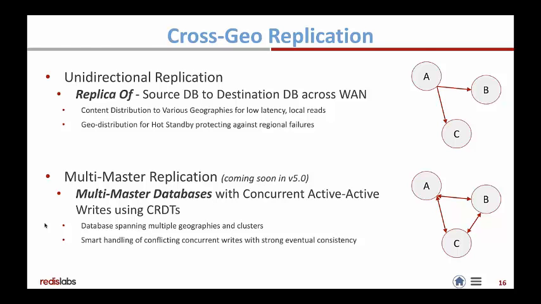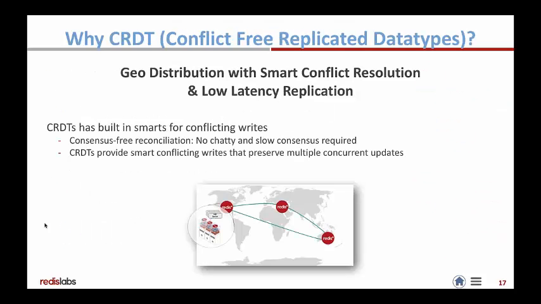I just want to take a moment to explain what CRDTs are, since they're a fairly new concept. CRDTs are built for low latency replication with smart conflict resolution, and they essentially provide a consensus-free reconciliation mechanism for us to be able to write at the rates that Redis can do.